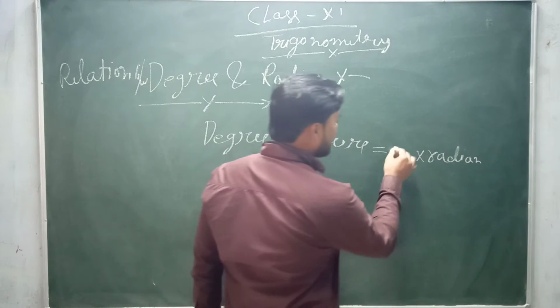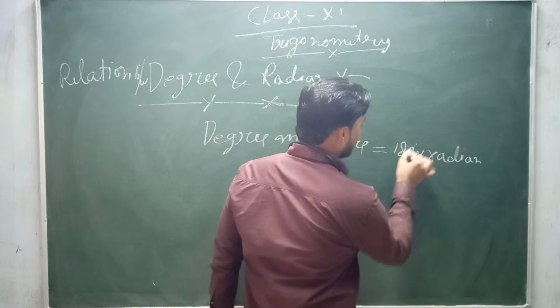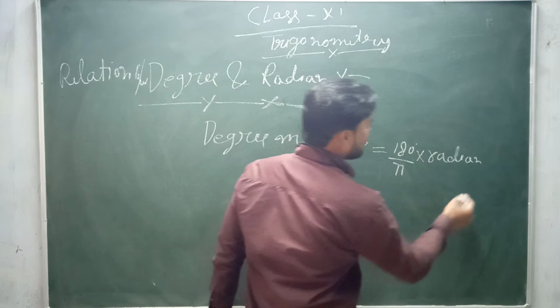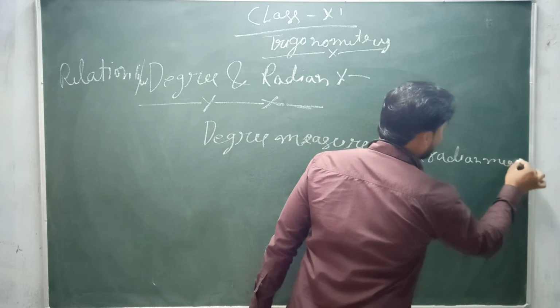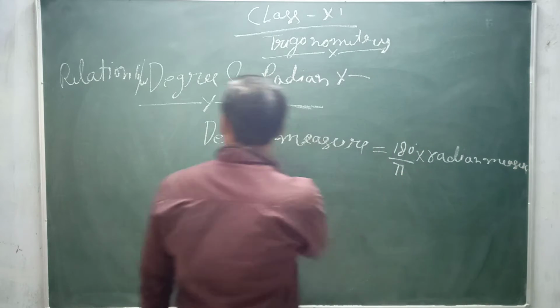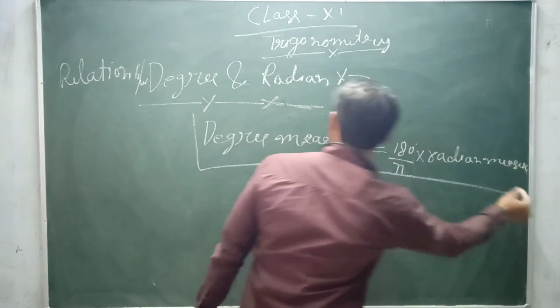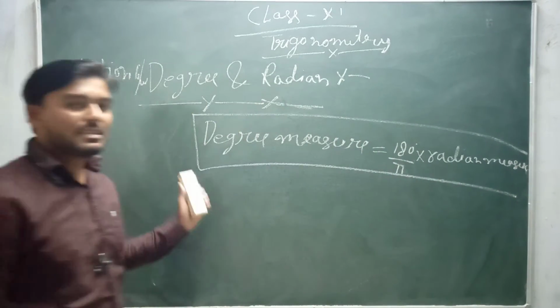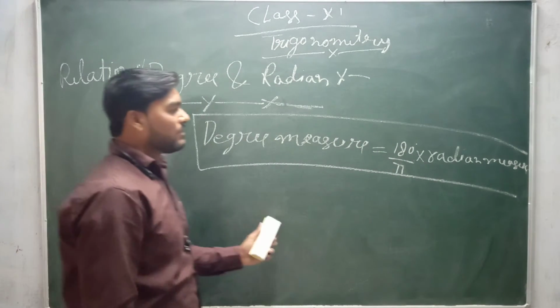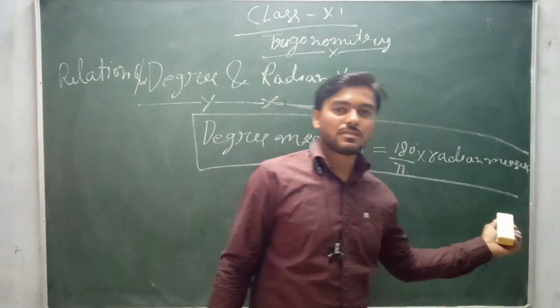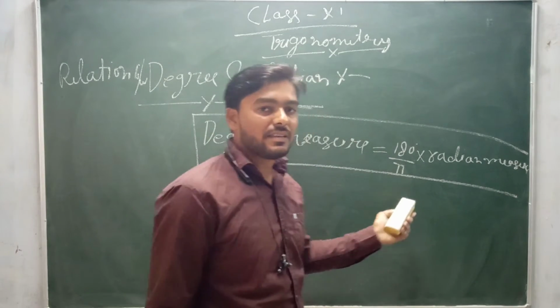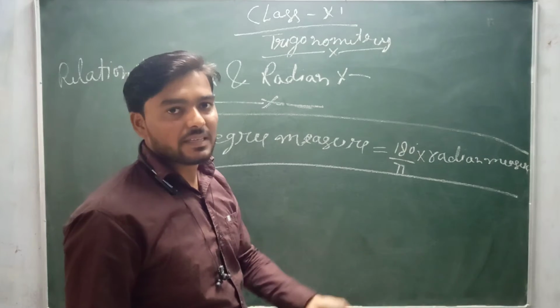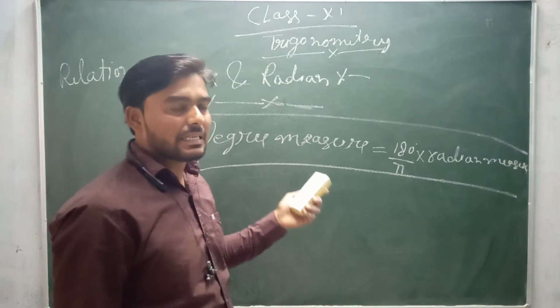Degree measure equal to 180 upon pi into radian measure. This is a direct relation. When we have the radian value, then we multiply with 180 upon pi for finding the degree.